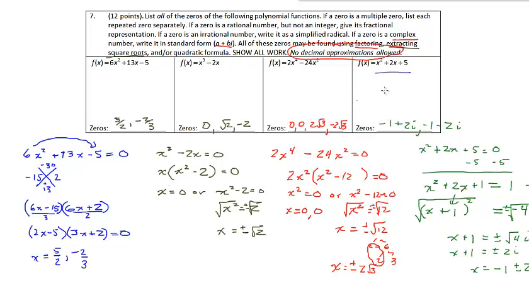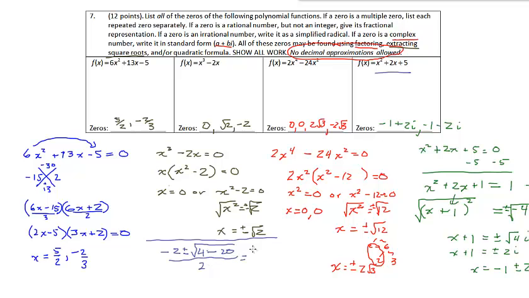It would be the opposite of b, negative 2, plus or minus the square root of b squared, 2 squared, which is 4, minus 4 times 1, which is 4, times 5, or minus 20, over 2 times 1, 2a.